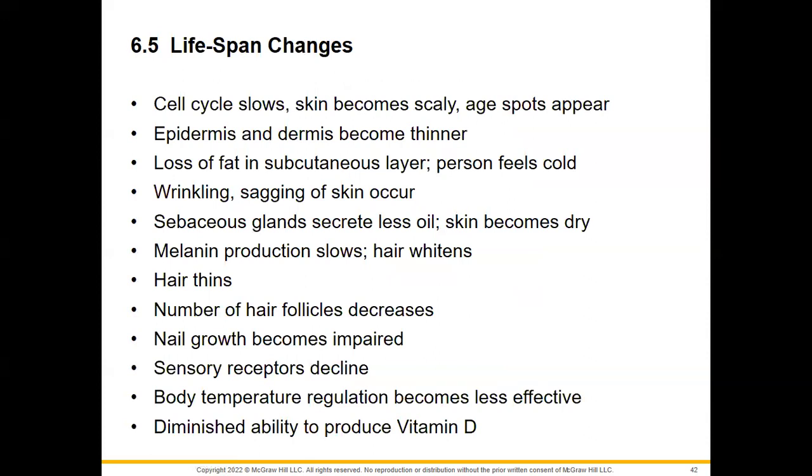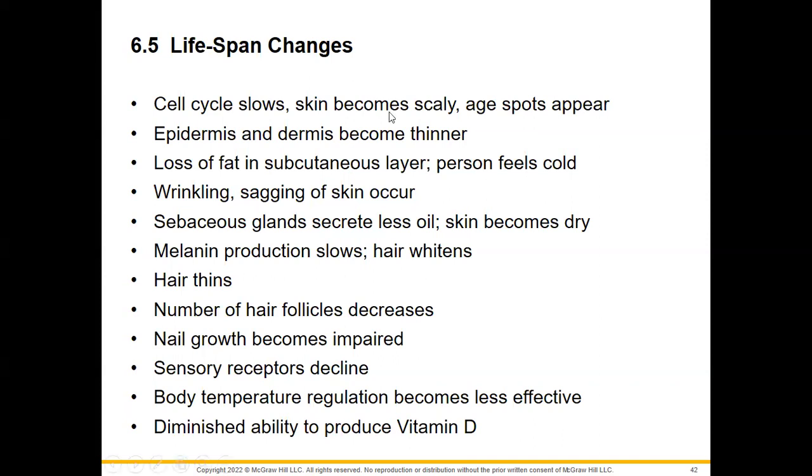And this is just telling us how the skin and the integumentary system changes over time as we get older. As we get older, all of the cell cycles will tend to slow down. Because the cell cycles slow down, the skin is not reproducing as rapidly as it once did.